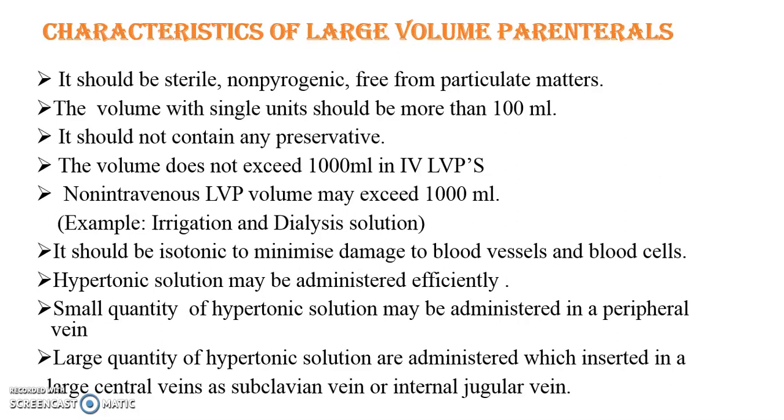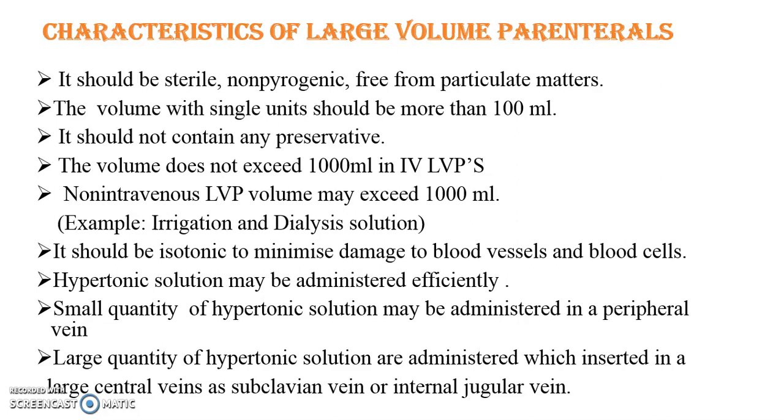The volume should not exceed 1000 ml in intravenous LVP, whereas for non-intravenous LVP the volume exceeds 1000 ml, for example irrigation and dialysis solutions. Peritoneal dialysis solution is the best example.